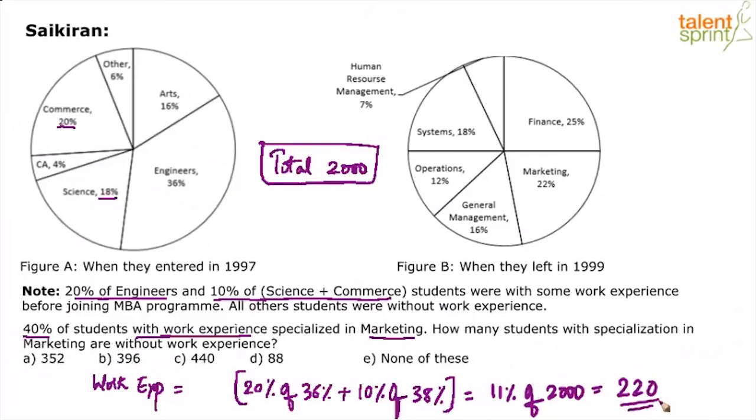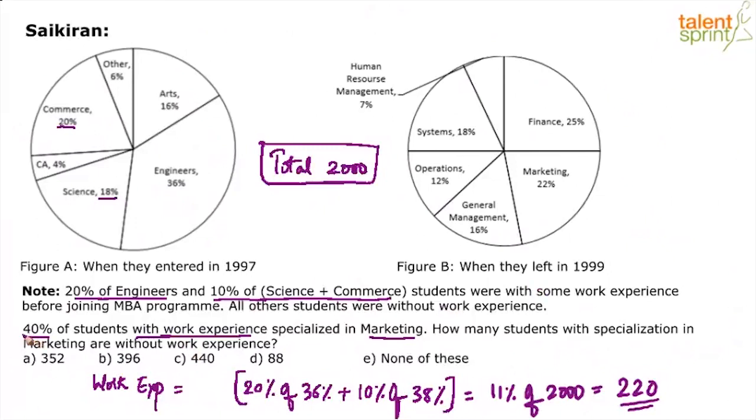Are you able to follow? So 11% of the total value of 2000 is 220. That means 220 people have got work experience.